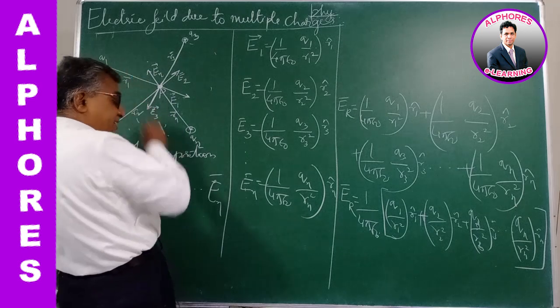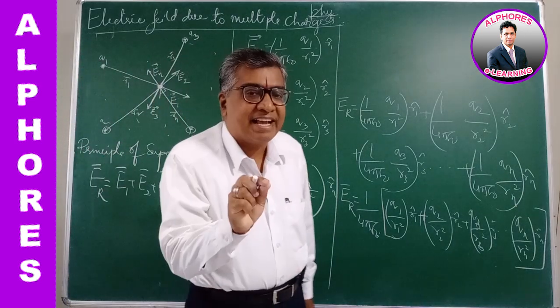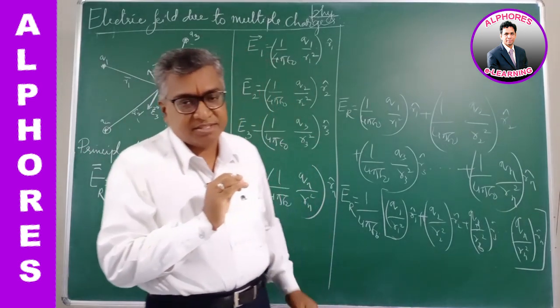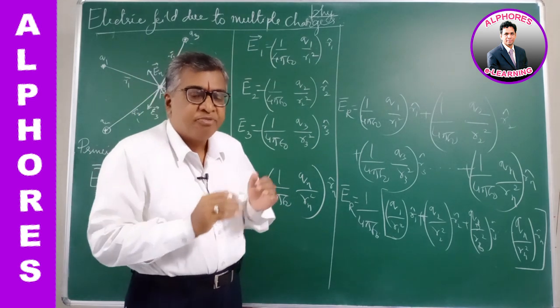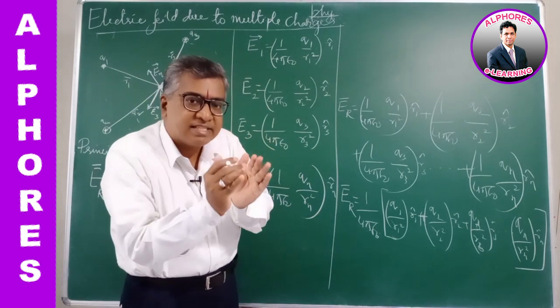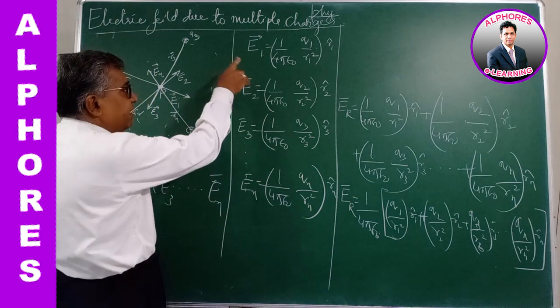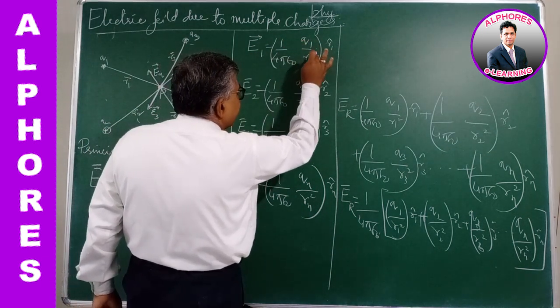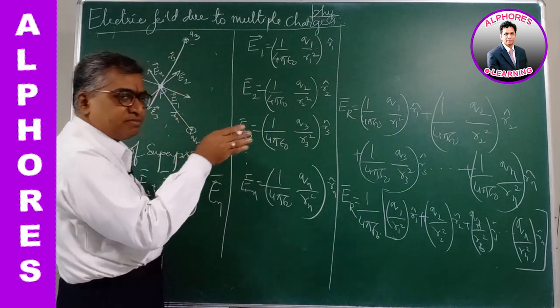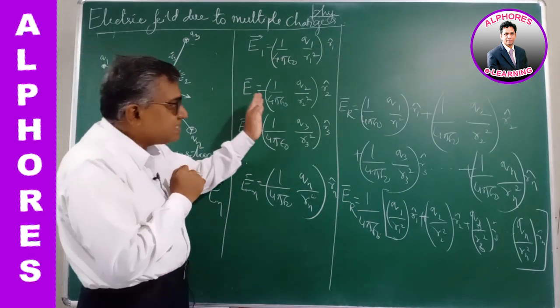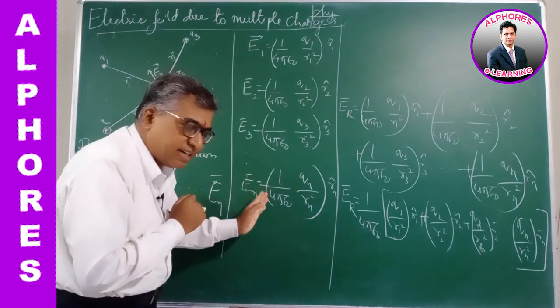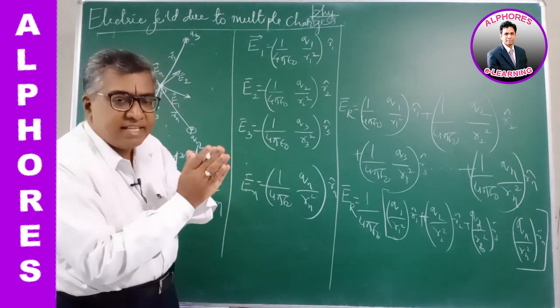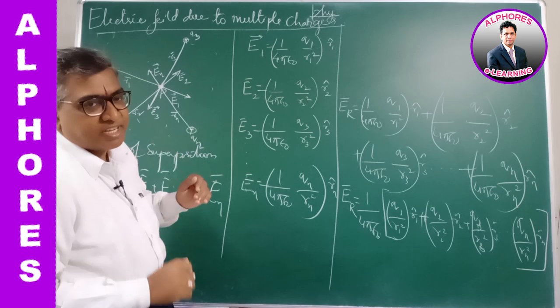So first, considering each charge as an isolated point charge, find the electric field due to each charge separately. First E1, considering Q1 as an isolated charge: 1 by 4 pi epsilon naught, Q1 by R1 square, R1 cap, it's the vector direction. Similarly the second charge, third, up to n, find them individually, separately, considering each as an isolated point charge.